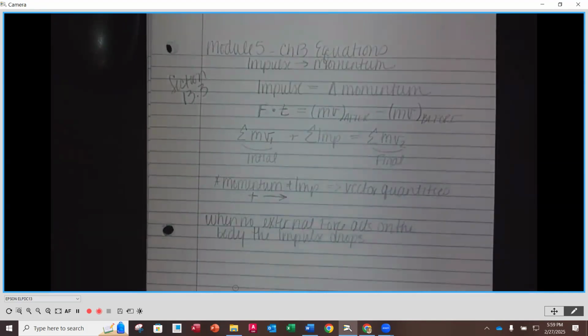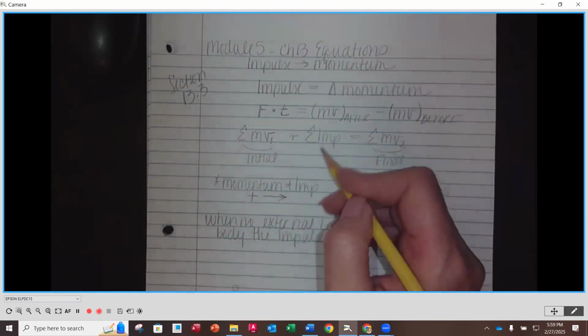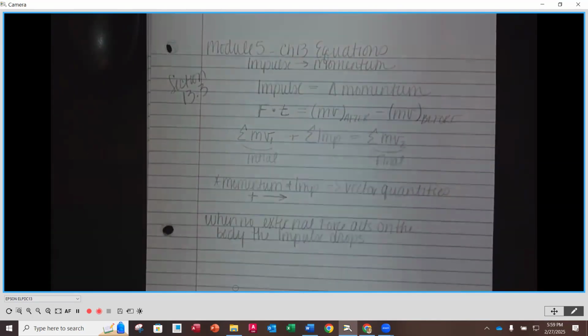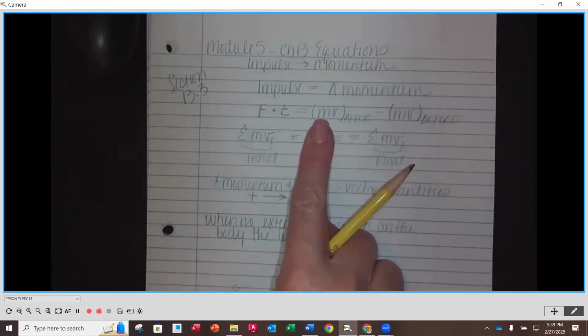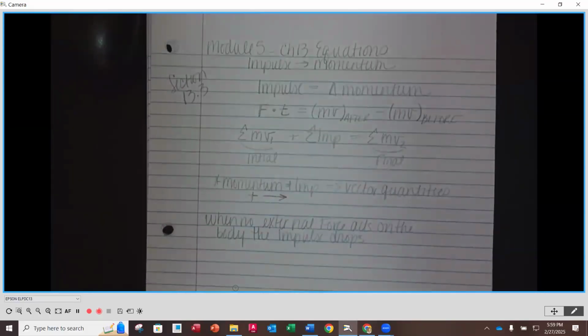This will make more sense when we have one or two examples where we're going to see this happen, and I'll identify those when we do the sample problems. But when there is no external force, this impulse simply cancels out, and the equation reduces to the initial equals the final, which is really the conservation of linear momentum.